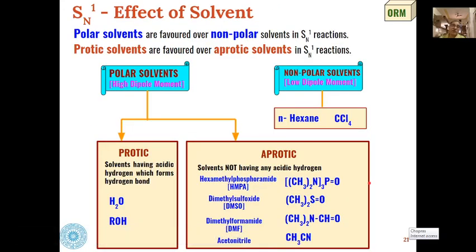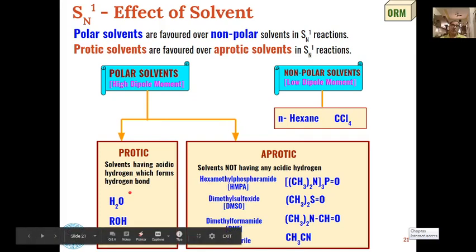Then the effect of solvents. Polar solvents are favored over non-polar solvents in case of SN1 reactions, and protic solvents are favored over aprotic polar solvents in SN1 reactions.